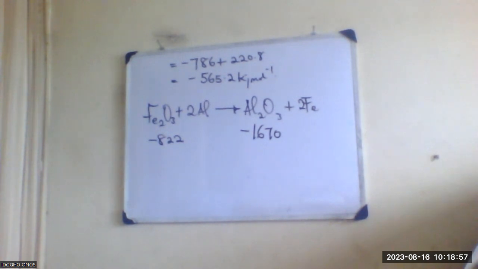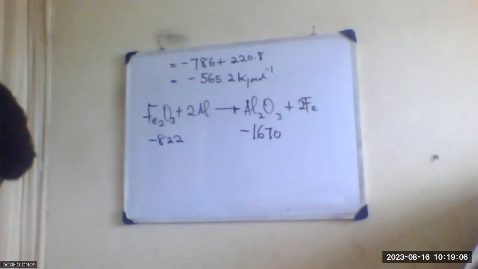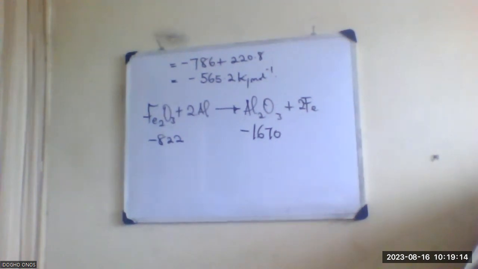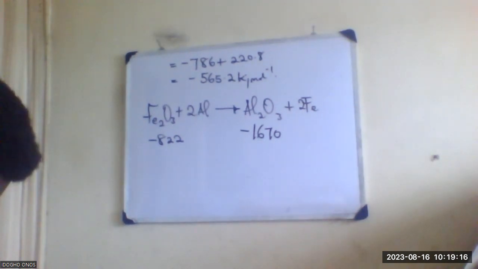So I think my answer is minus 848 kilojoules per mole. Is it correct? Okay, now are you doubting yourself? Let me give you the options so that you know.